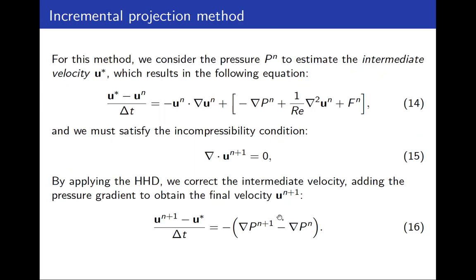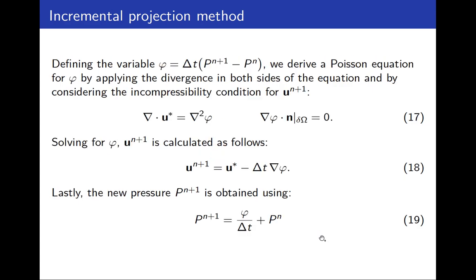You end up with the difference between the new velocity minus u star, calculated using equation 14, divided by delta t. That has to be equal to a difference between pressures: the variable pressure Pn plus 1 that we need to find, minus the pressure at the current time, Pn.